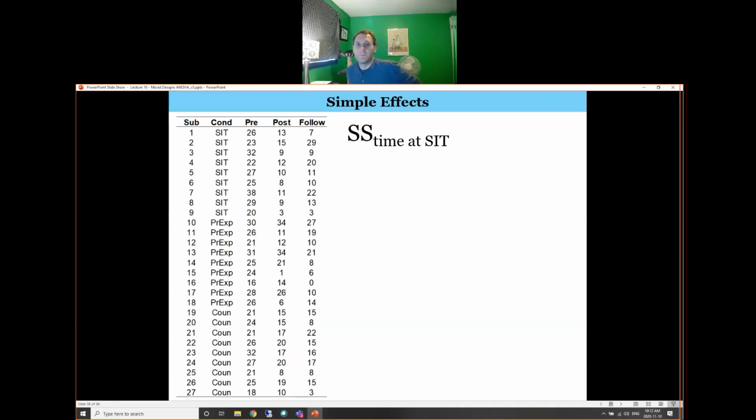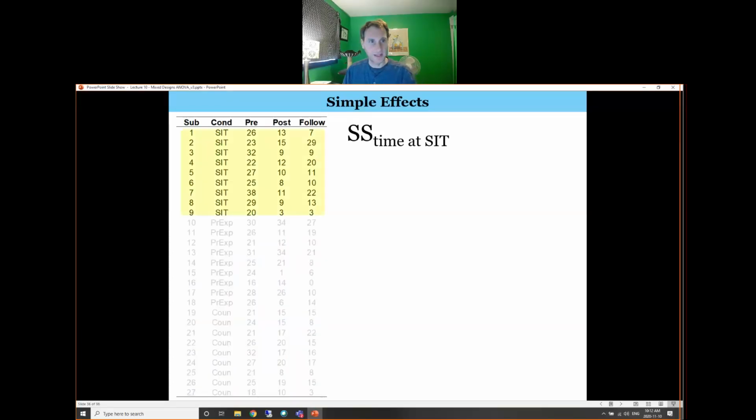So for example, to compute the simple effect of time at SIT, stress inoculation therapy, we are looking at the effect of time. Does time have an effect on PTSD symptoms only within this stress inoculation therapy condition? We're not paying attention to the rest, so I've blurred it out here.